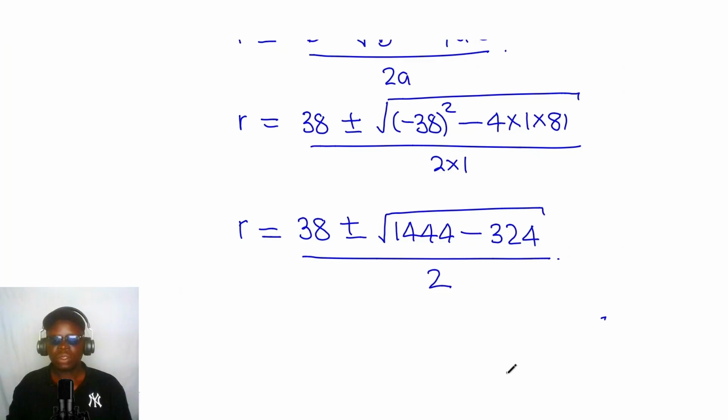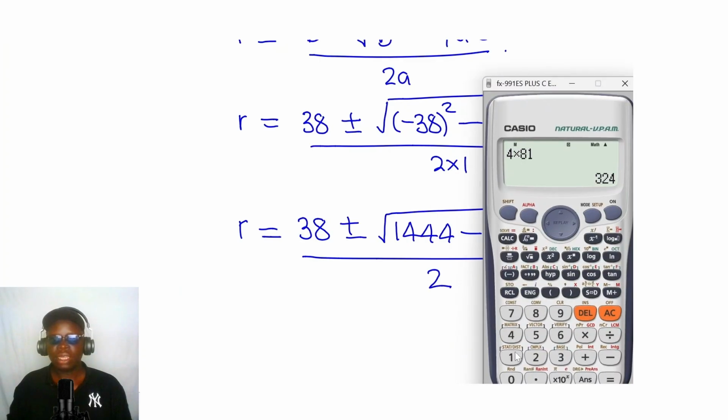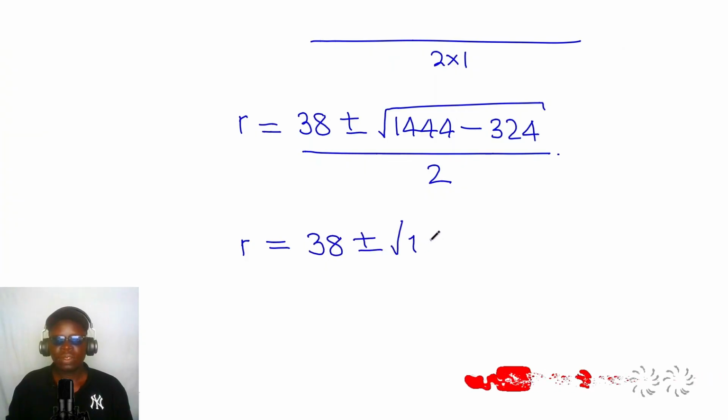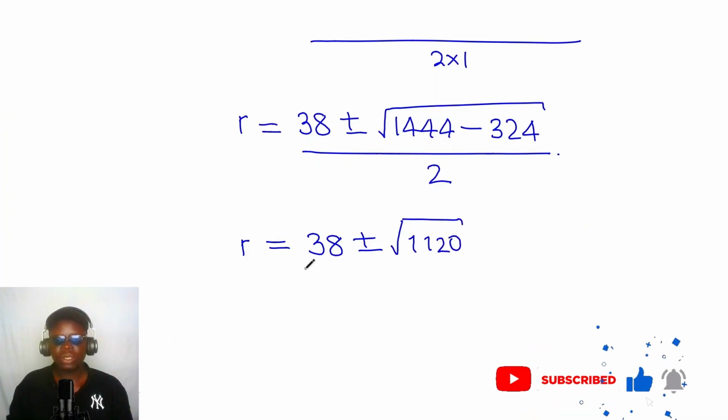So let's subtract these two numbers out and say we had 1,444 minus our answer, and that gives us 1,120. Therefore, let's recopy. The left hand side is R, and we have 38 plus or minus 1,120 under square root, and we divide this by 2.